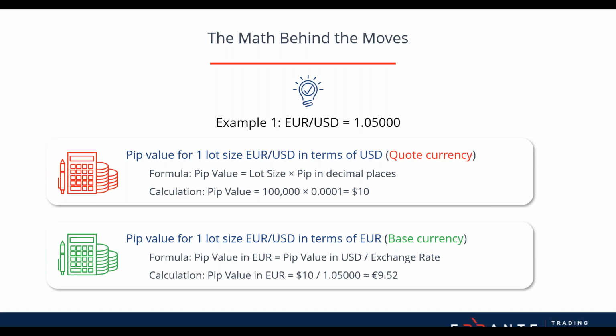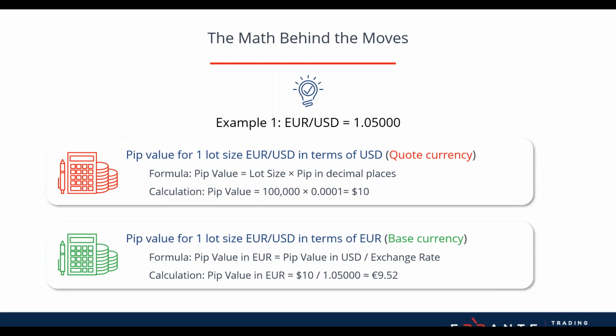So having grasped the concept of lot sizes, it's natural to wonder how the size of your trade affects its value in pip terms. So let's do some math. Let's focus on EUR/USD to calculate pip value in USD. The formula is simply lot size multiplied by the pip in decimal places.